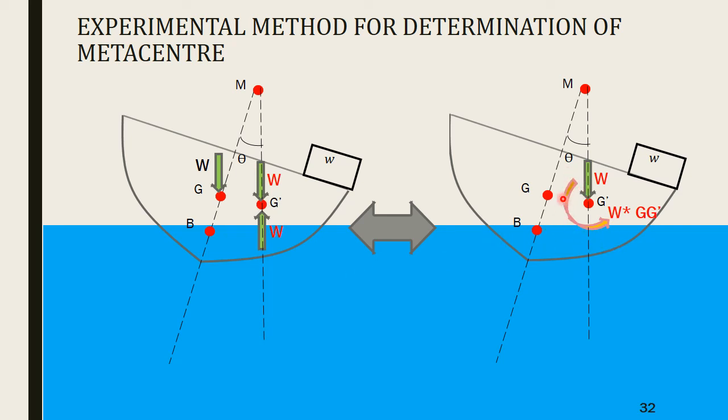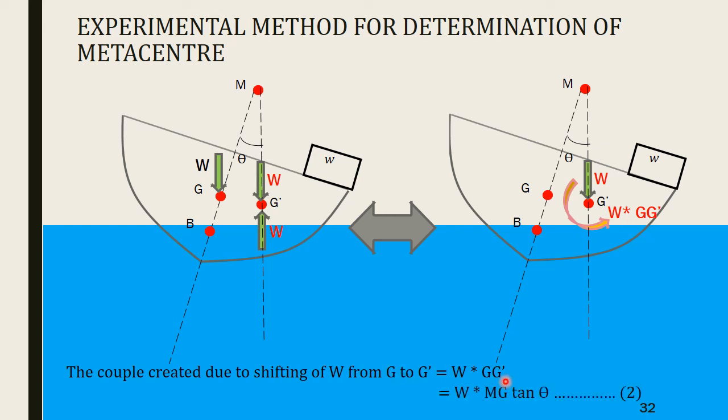So when W has shifted from G to G dash, it has been accompanied by a couple equal to capital W into GG dash. So the couple created due to shifting of capital W from G to G dash is capital W into GG dash. GG dash is nothing but mg sin theta. Sorry, mg tan theta. GG dash is nothing but mg tan theta.